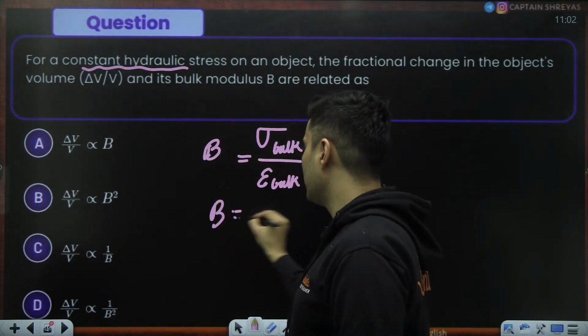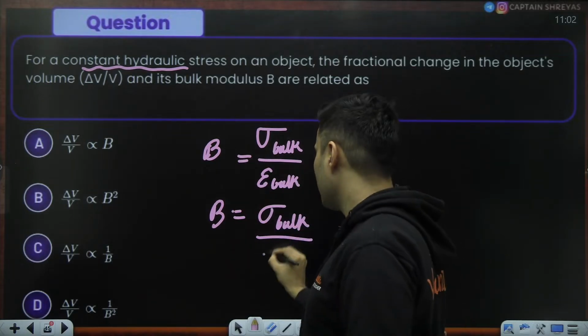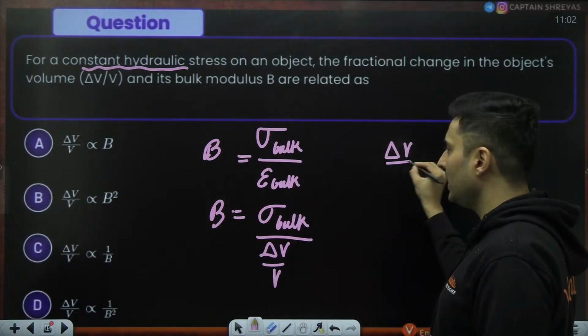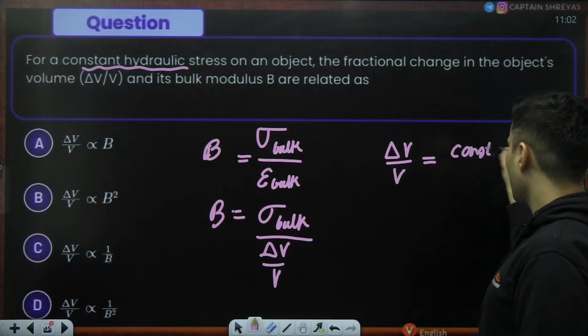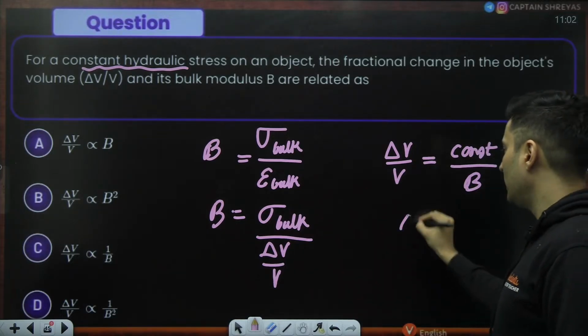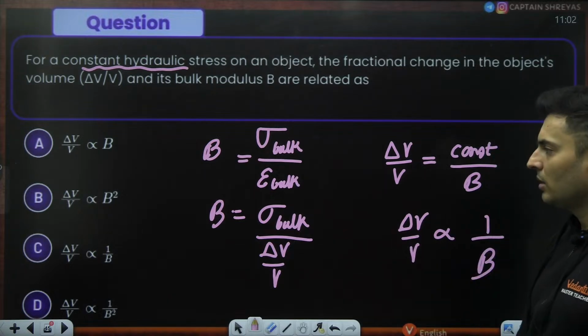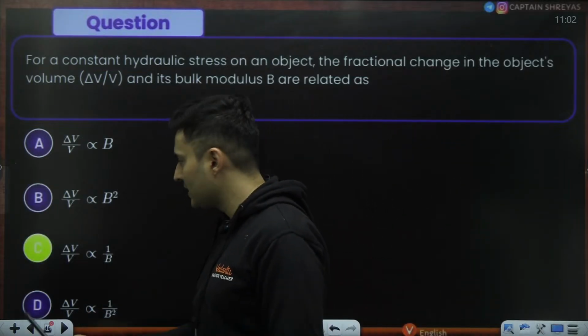So the bulk modulus is bulk stress, which is constant, by the bulk strain, which is nothing but delta V by V. So clearly delta V by V is a constant divided by B. So delta V by V is inversely proportional to B, which is option C.